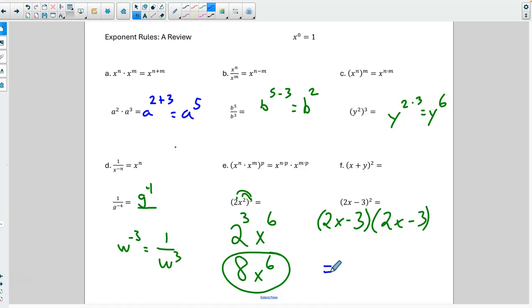What do we get when we multiply these things out? Let's just go to the answer. What's the solution here? What's the simplified or the changed form? Well, I'll start. It's going to be 4x squared.